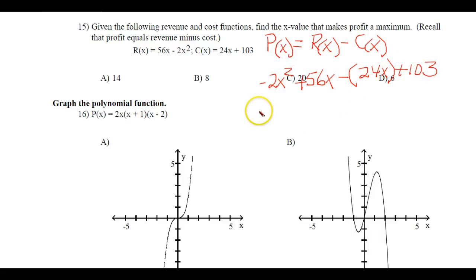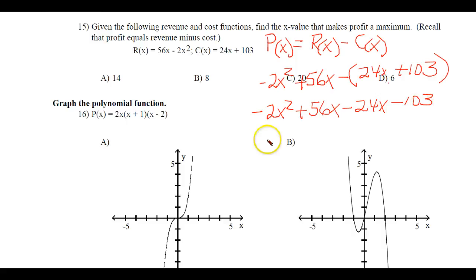So this ends up being a negative 2x squared plus 56x minus 24x minus 103. The parenthesis actually goes there. So now we get, collecting like terms, a negative 2x squared plus 32x minus 103.